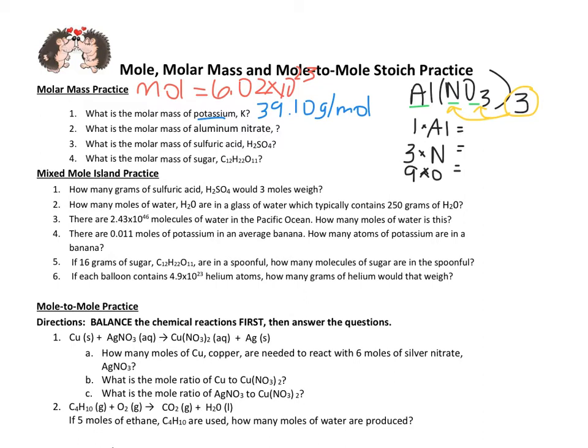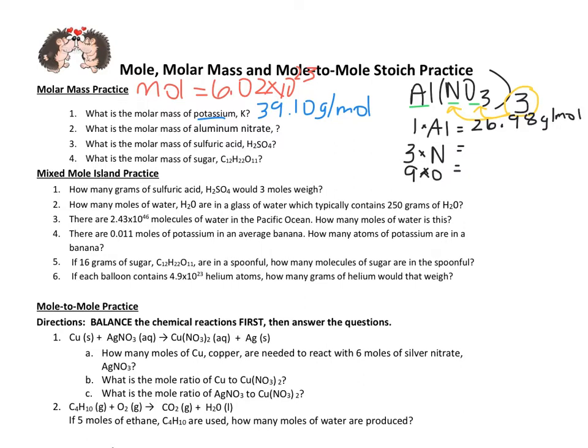So when we look at our periodic table, find number 13, it's aluminum. You'll see we only have 1 atom of that, and its molar mass is 26.98 grams, so we can just write down 26.98.